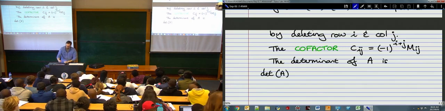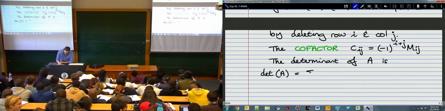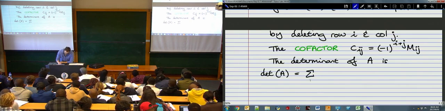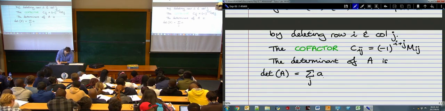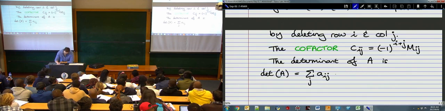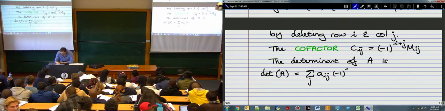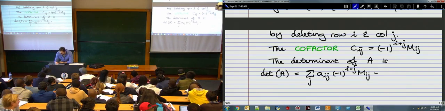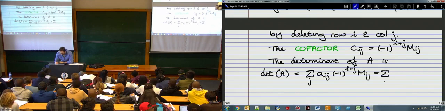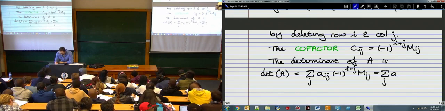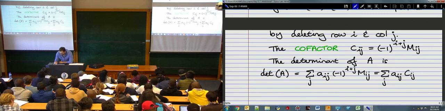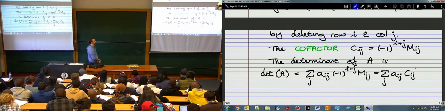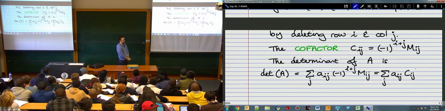The determinant of A is a sum of aij times minus 1 to the i plus j times Mij, and if you want, you can simplify it just a tiny bit, because that minus 1 to the i plus j Mij term, you can replace with just Cij.